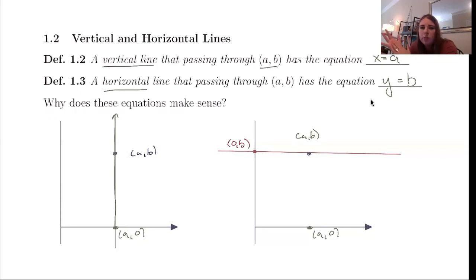Beginning of the alphabet letters are usually coefficients and actual numbers, whereas x and y and z, w, things in the later alphabet are variables. So we only have one variable in each of these equations. So I can't have one variable in terms of another helping me create a function because I only have one. So why does it make sense that the vertical line is x equals a and the horizontal line is y equals b?